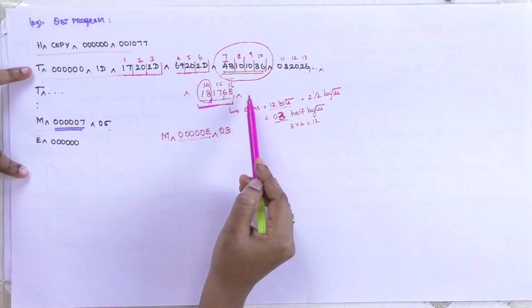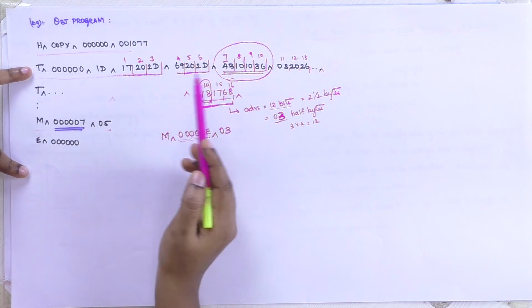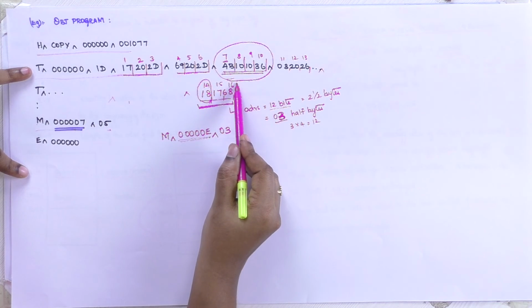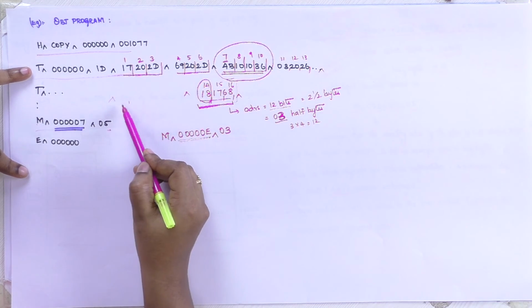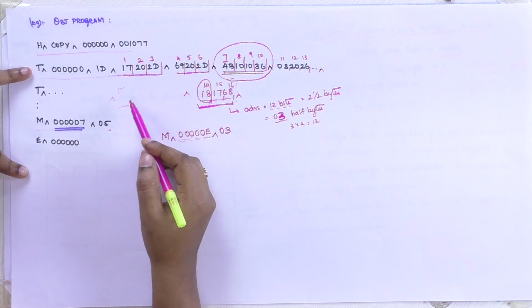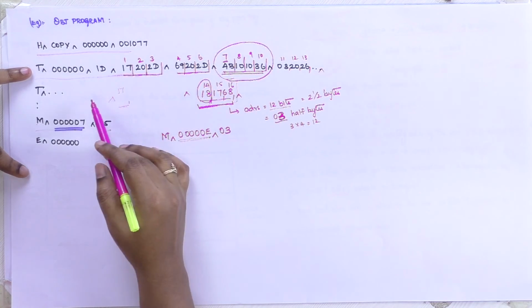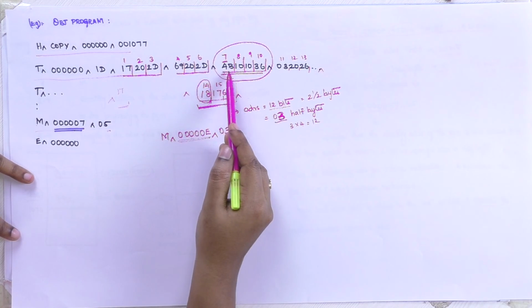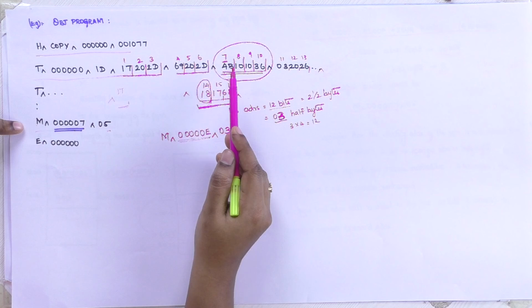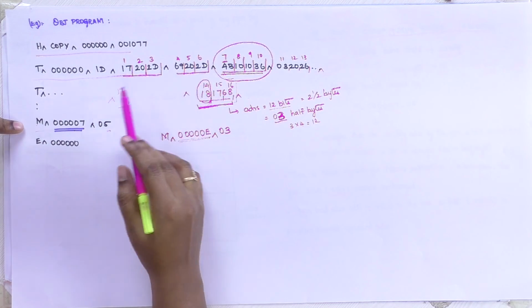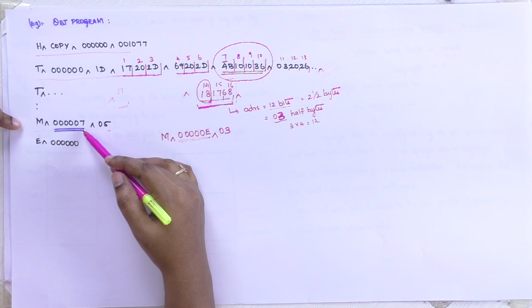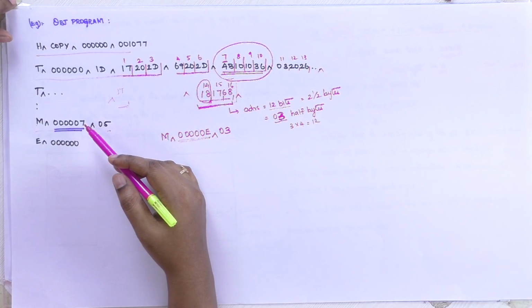If this text record gets completed here and another text record starts from here, you have to start the location from 17. It ended with location 16 and the next text record starts with 17. So you have to add the address field in an incremented manner. By means of an object program, this is the way of calculating the starting address. If a program is given, just see the location counter value and add 1. That becomes the starting address for the instruction that needs to be modified during loading.